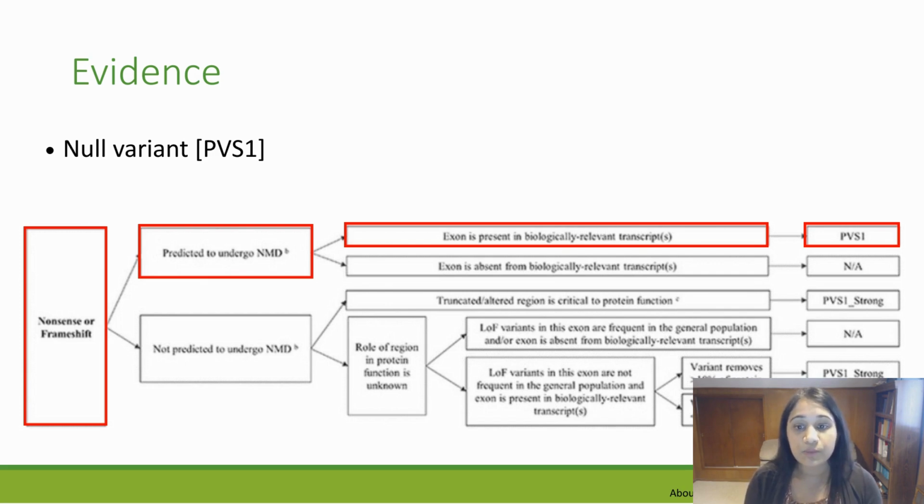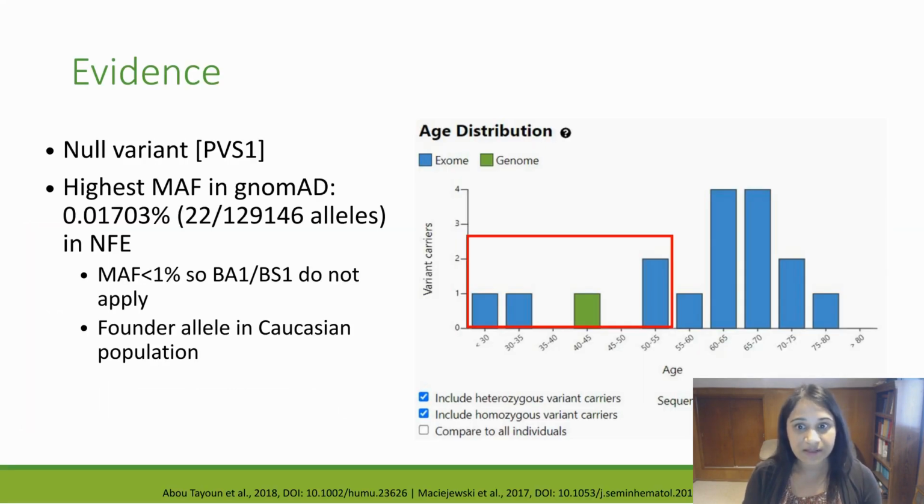As we were curating and reporting in the biologically relevant transcript, PVS1 could be applied at the very strong level of strength because it is highly likely that the variant produced a negligible amount of protein and can thus be considered a null variant. Next, it is best to assess case control data.